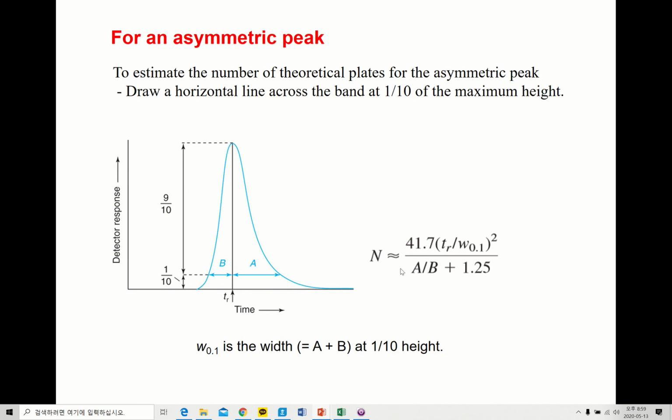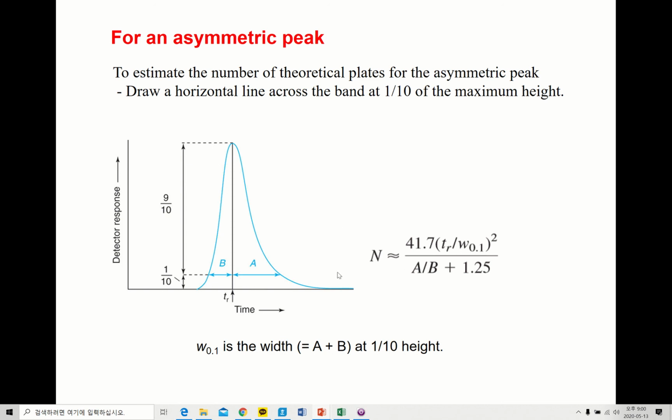So n equals the constant 41.7 multiplied by tR, the retention time at the peak height, divided by w0.1, the length at 0.1, squared, and divided by a divided by b plus 1.25. Here w0.1 is the width, which is a plus b at 1/10 height.